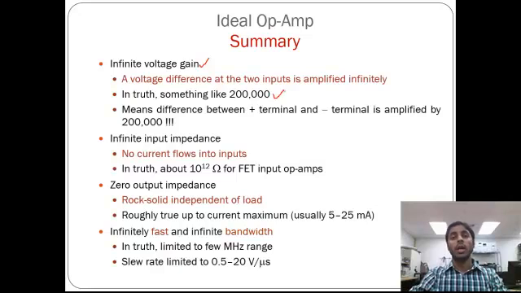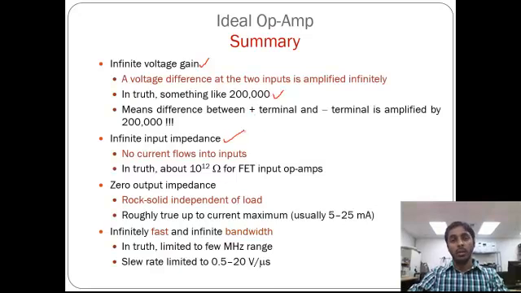So even at the input side, if you apply 10 millivolts, you can do your calculations, the gain would take the output to about 2000 volts. So even a very small signal is going to be amplified hugely in an open loop configuration, ideally.